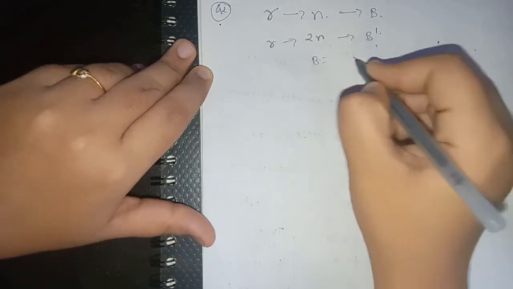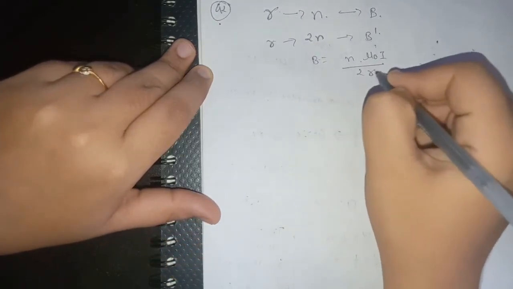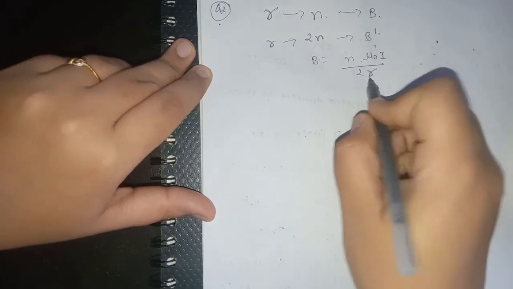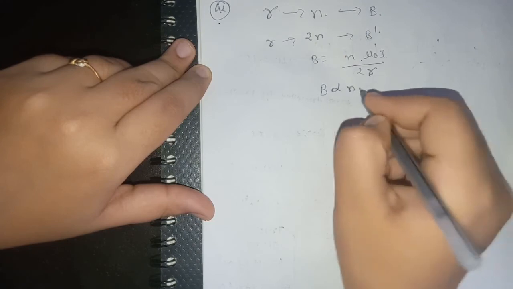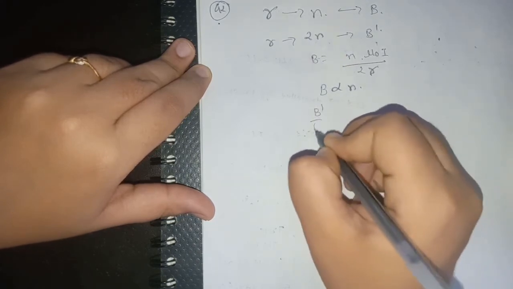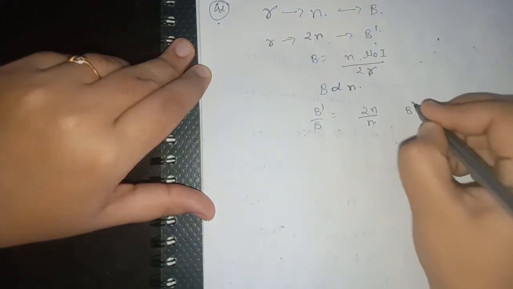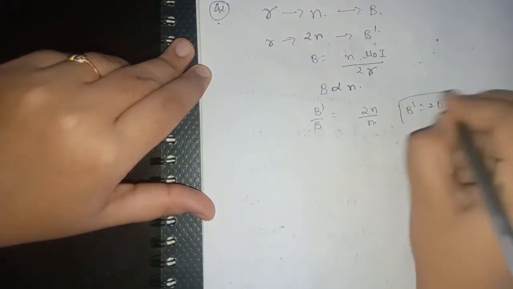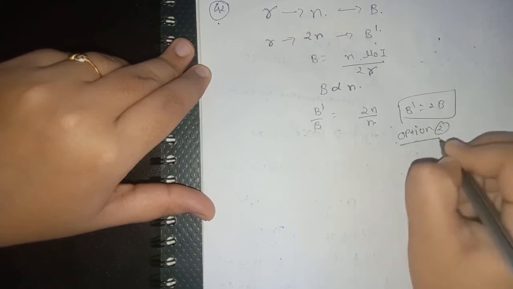B is given by n times mu naught I upon 2r. Here the radius is constant, so we can write B is directly proportional to n. So B dash by B is equal to 2n by n. So B dash is equal to 2B. Option 2 is the correct option.